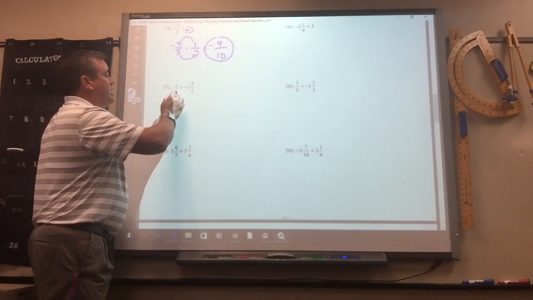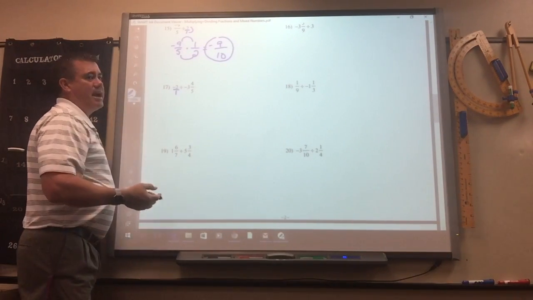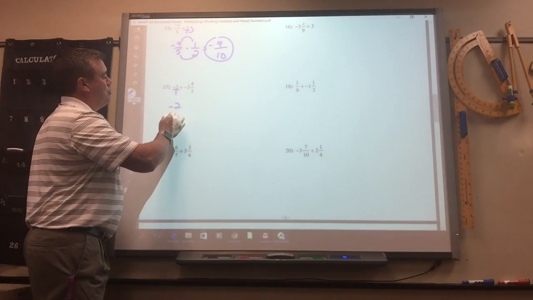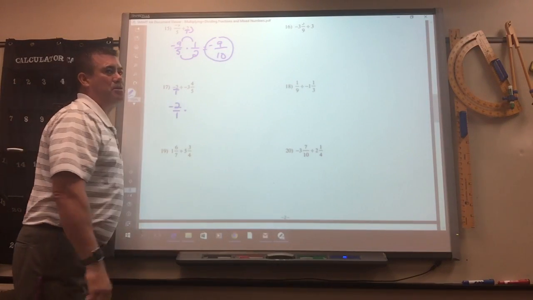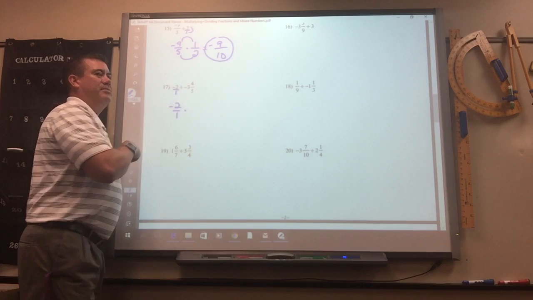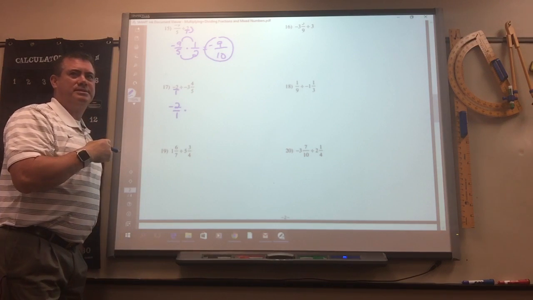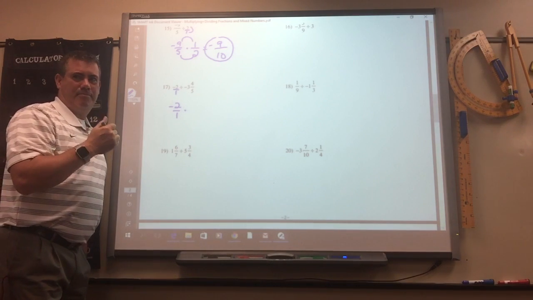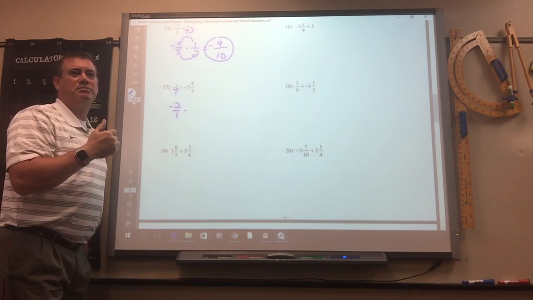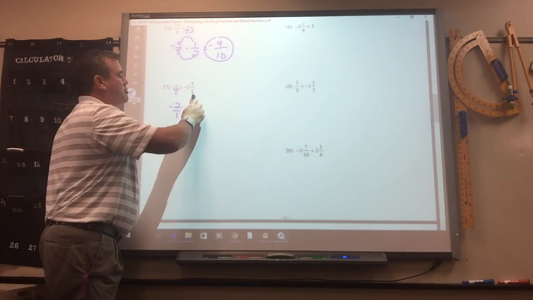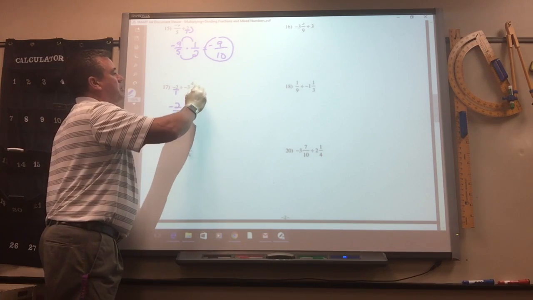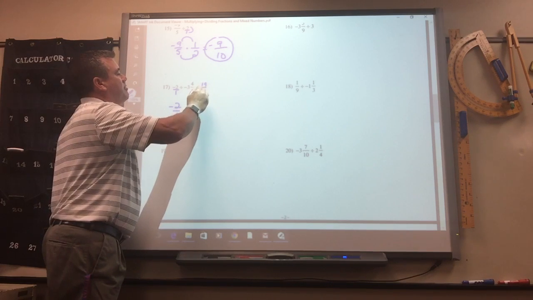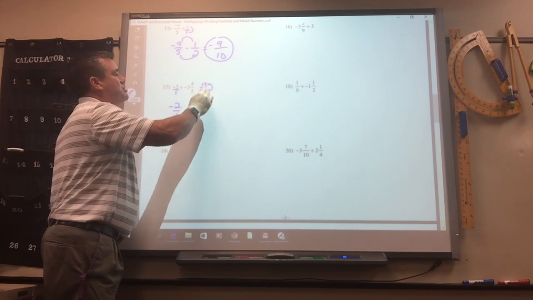Okay, 17, you have to make this into a fraction, so that's going to be negative 2 over 1 times the reciprocal of this. So what do you have to do? Make it into an improper fraction. 3 times 5 is 15, plus 4 is 19 fifths, so then that's what you reciprocal.